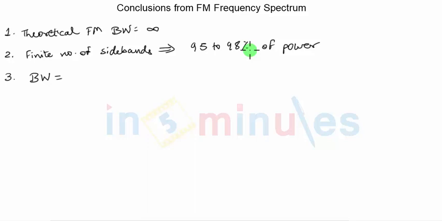Now that 10 is obviously a specific example. In general, if I tell you the bandwidth fm, where small fm is the bandwidth of the modulating signal, and let's say the modulation index used for FM is mu f, then based on these two values, I can decide how many sidebands I need to transmit and what will be the total bandwidth.